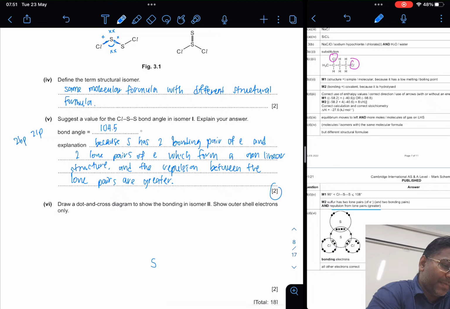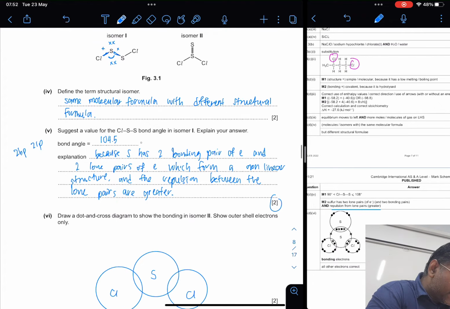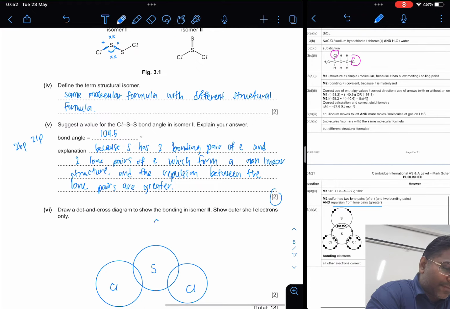Sulfur, so I will draw sulfur, and then I have Cl, so I will draw for Cl. I have another Cl, so I'll draw another Cl. So we have another sulfur, so we draw sulfur.